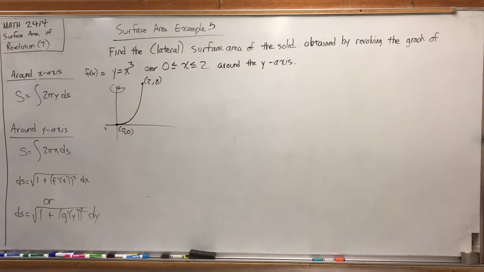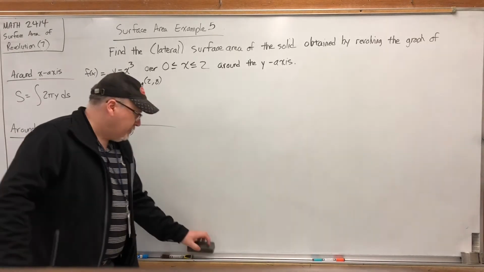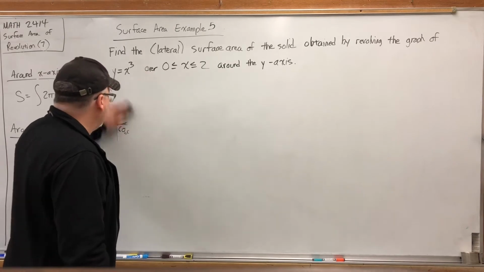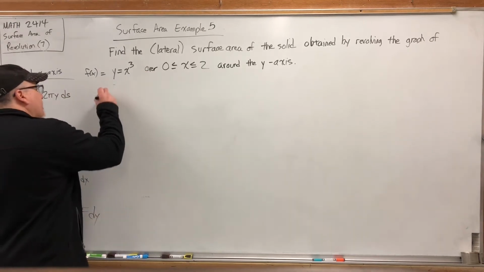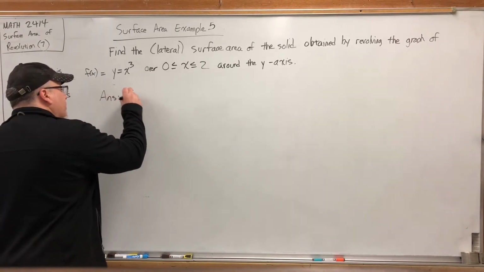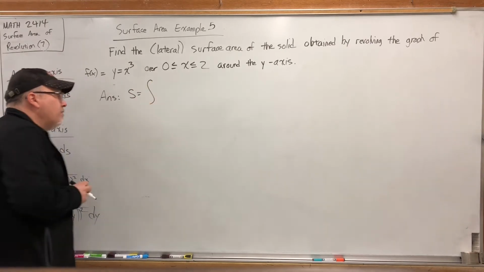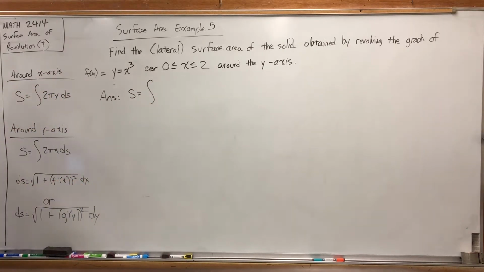Well, speaking of the axis of rotation, since it's the y-axis, we're going to set up this integral. I'm going to move the picture because it's going to be in the way. All right. So our surface area, almost said surface integral, that is a totally different thing.